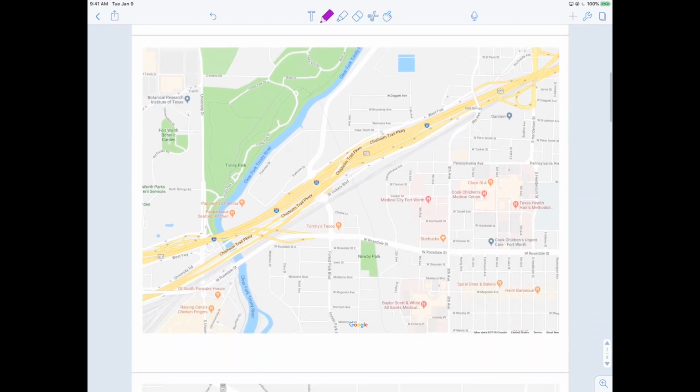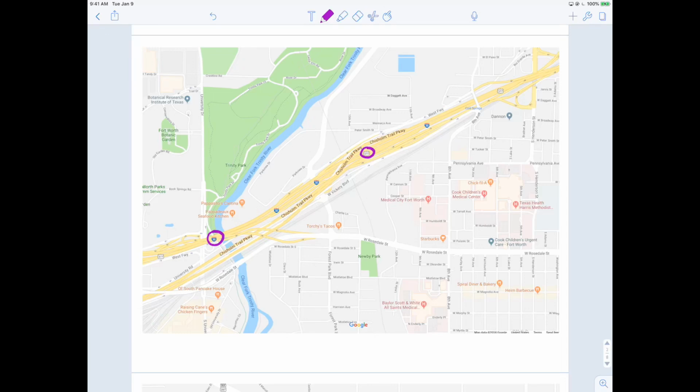If we look at this map, you can see that we have a very large highway that runs through our city at this point. This highway is labeled Interstate 30, and at this point it is labeled 377.